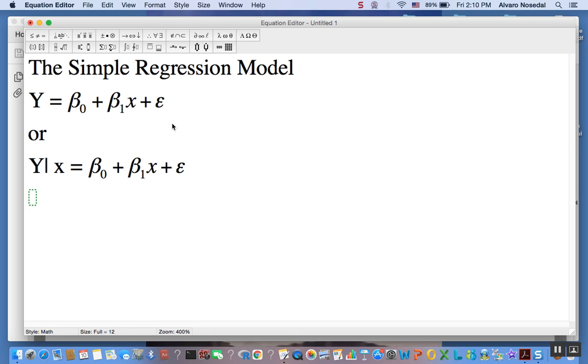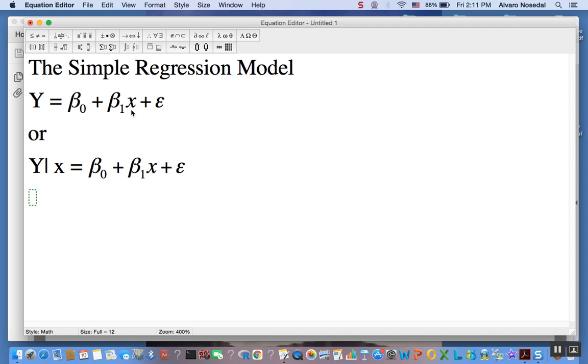A third comment: epsilon is an error term that describes the effects on y of all factors other than the value of the predictor x. Now, that's the simple regression model.